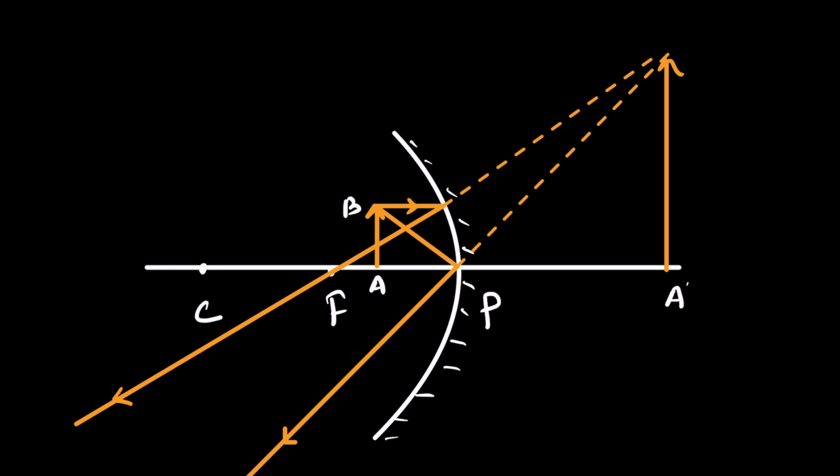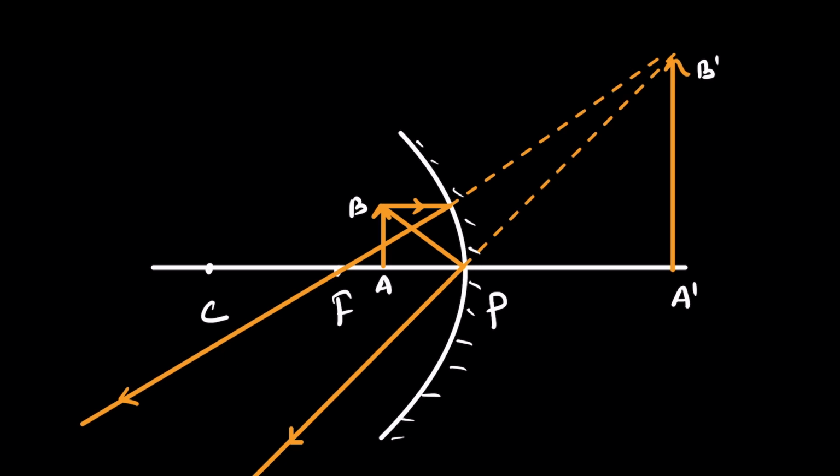This is our image A dash B dash. So here AB is height of object. This is height of image. This distance is our V. That's the distance between image and the pole. And here is our U, the distance between object and the pole. And focal length, this is our focal length F.